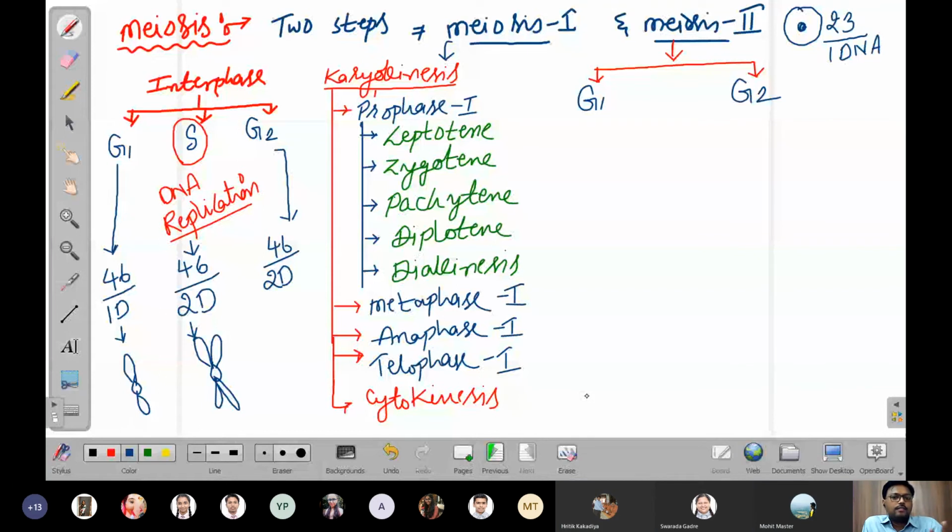Now, what is the difference between the beginning of meiosis 1 and the beginning of meiosis 2 with respect to the number of chromosomes and DNA in the cell? Sir, in the beginning of meiosis 1 there were 46 chromosomes, and here there are only 23. And the DNA, there are 2 and here 1.